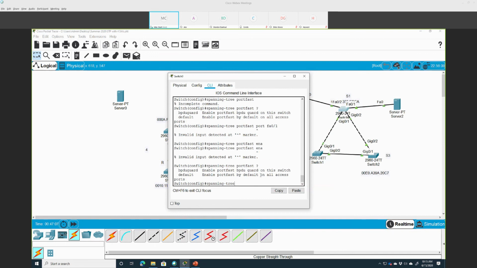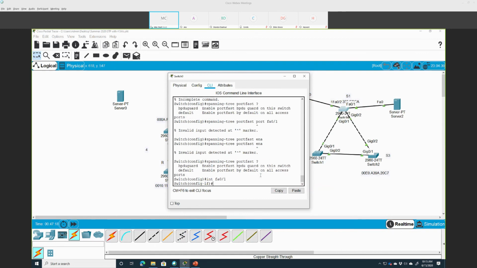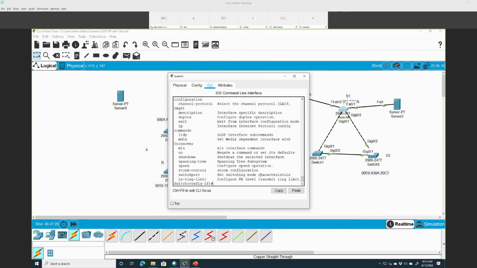I forgot how to do that. This is it, interface, I guess. Interface FA0/... Yep. Spanning-tree.